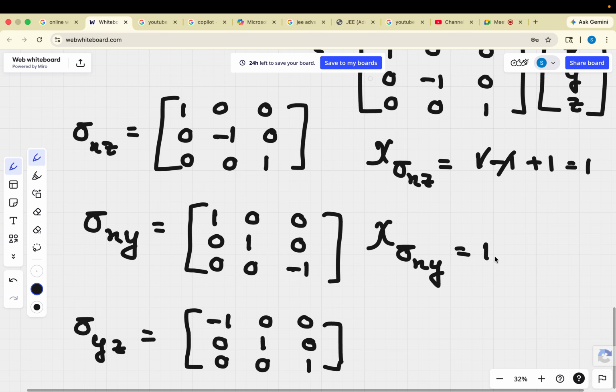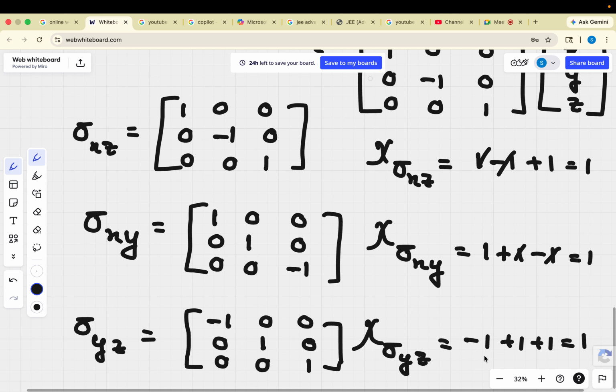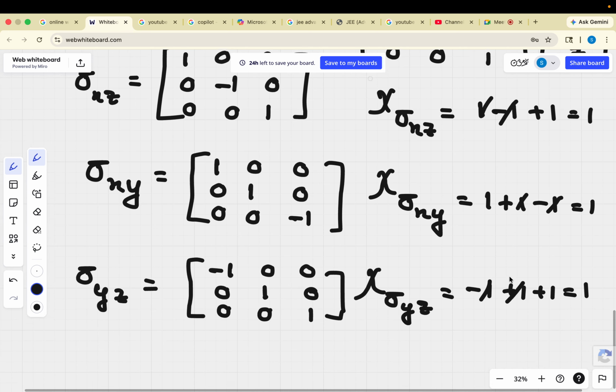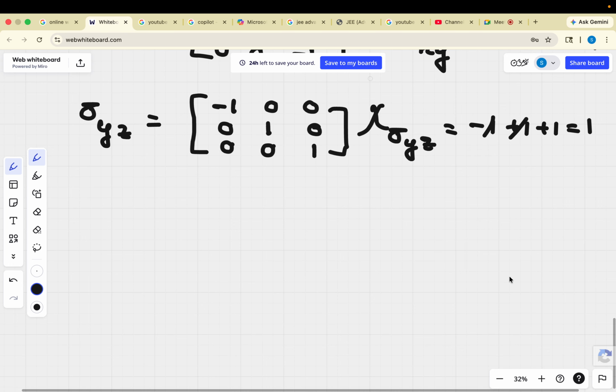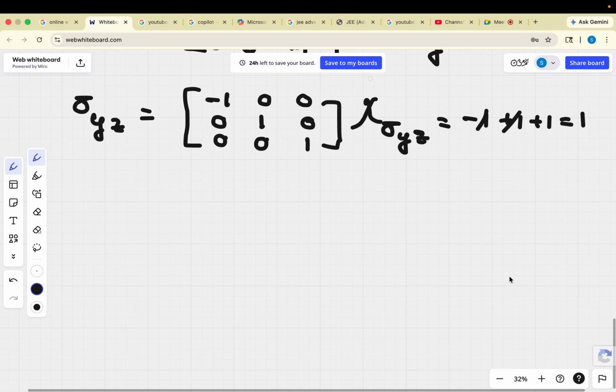I am getting 1 plus 1 minus 1, so again I am getting 1. If I add diagonally along sigma yz, chi of sigma yz, I am getting minus 1 plus 1 plus 1, so again I am getting 1. Okay, that is the way you can find out the character or trace for each and every operator.